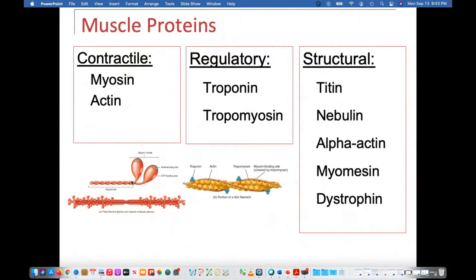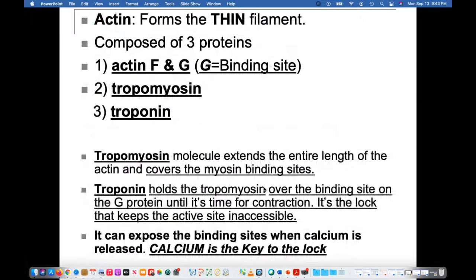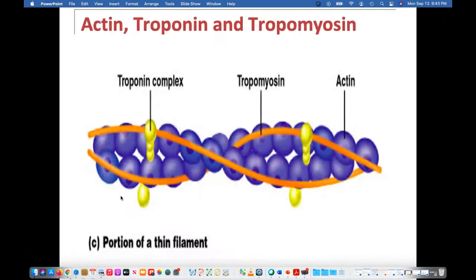Well, it's the binding site for these myosin heads to connect to those darker circles. But here you can see that tropomyosin is covering the binding sites and troponin is the staple holding it in place. Well, how do we remove the troponin? How do we remove this staple?